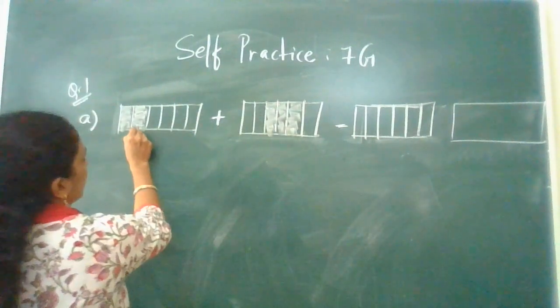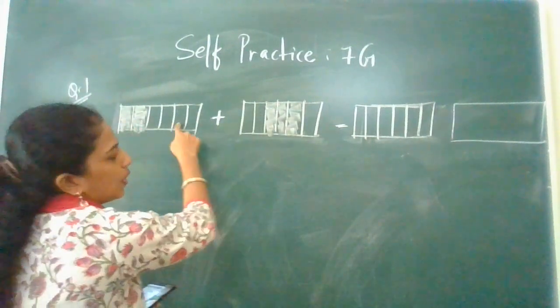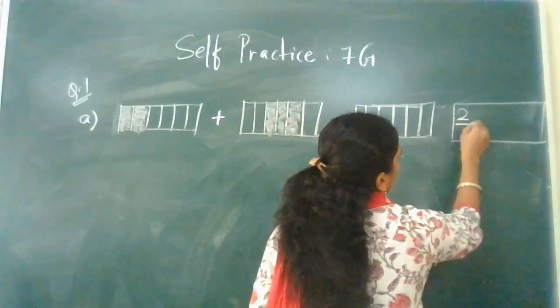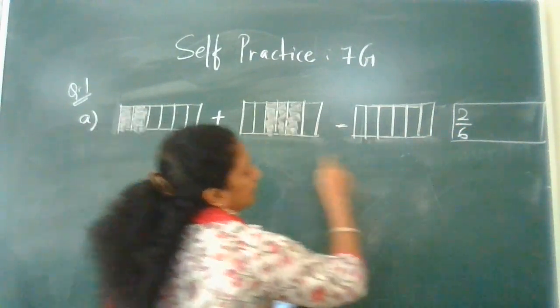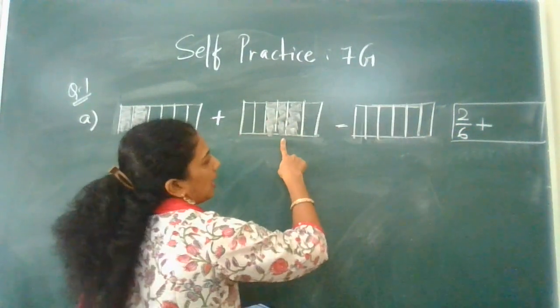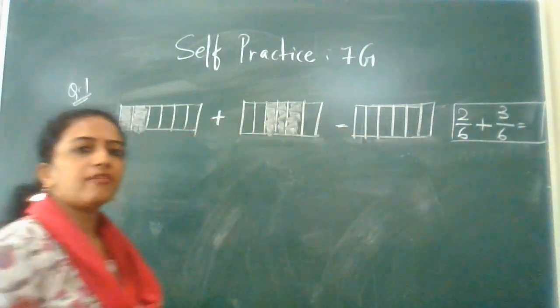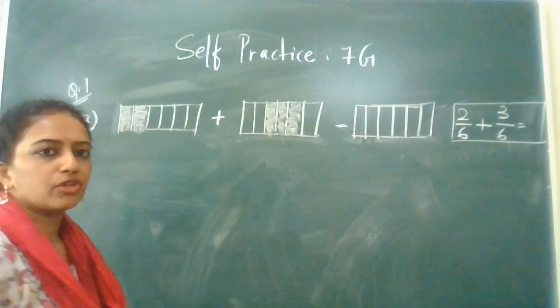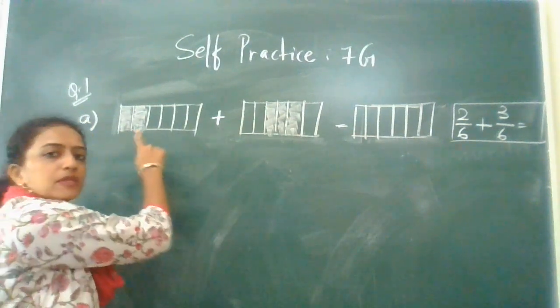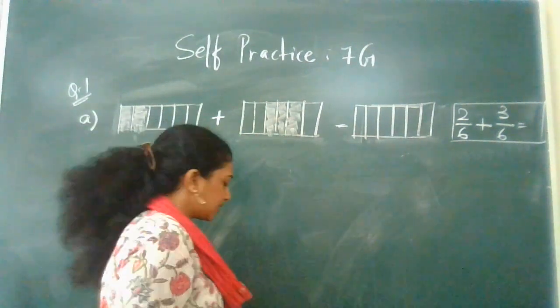Now for this you can write 2 upon 6 plus sign. Here you can write 3 upon 6. So here in the given box, we have written the fraction. For this it is 2 upon 6, for this it is 3 upon 6.